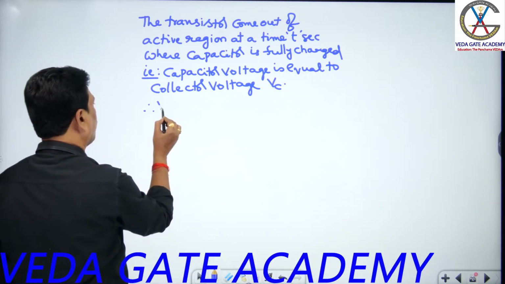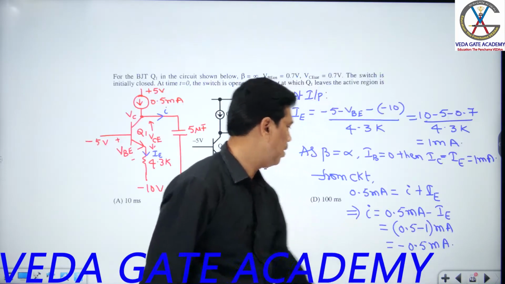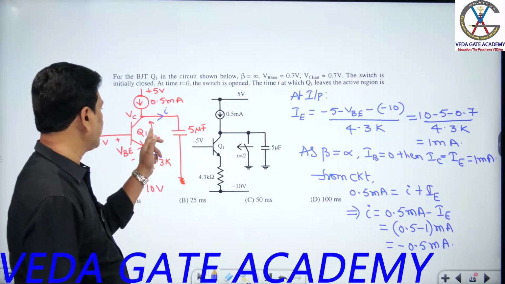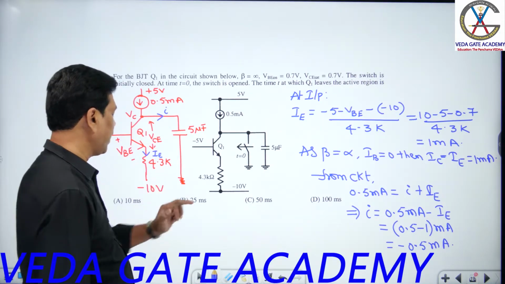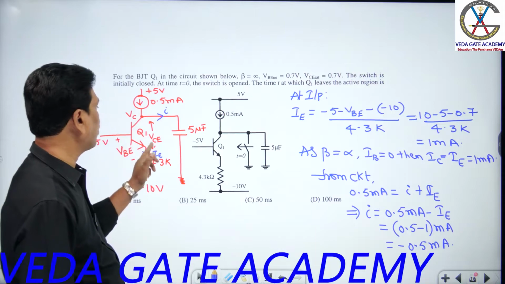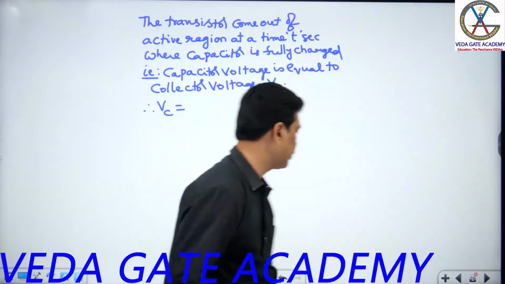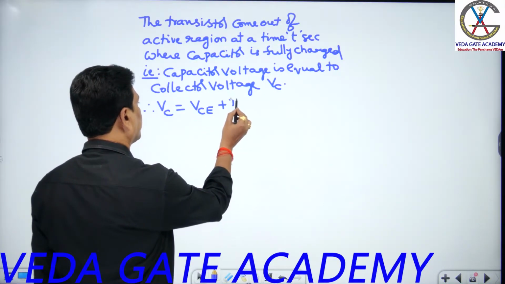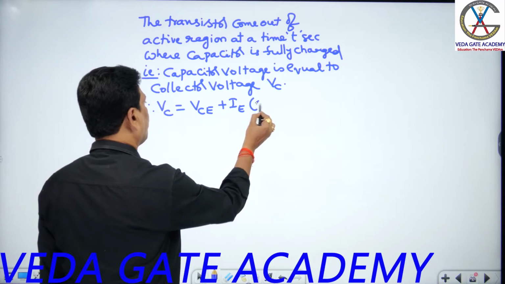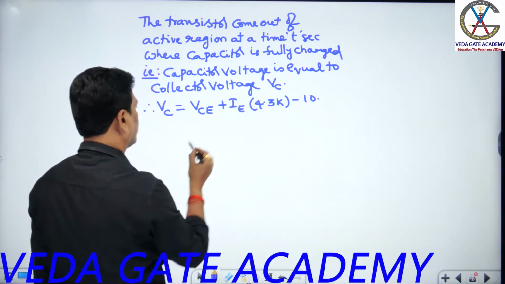Therefore I can define VC from the circuit: VC equals VCE plus IE into 4.3K, and a supply of minus 10 volt is there, students.